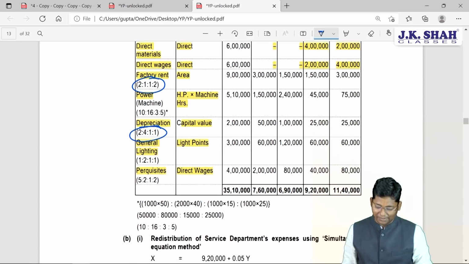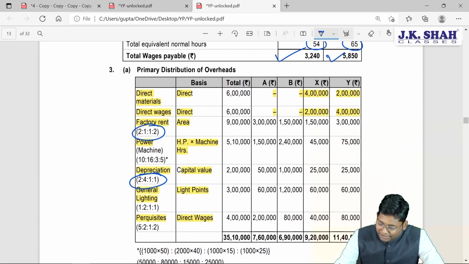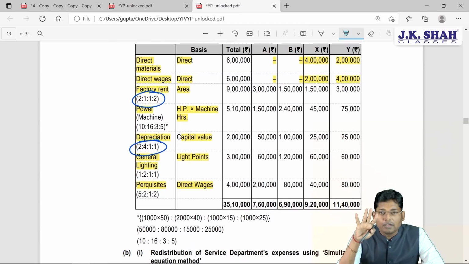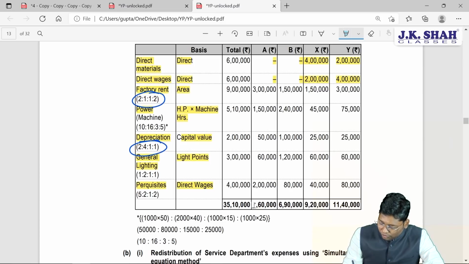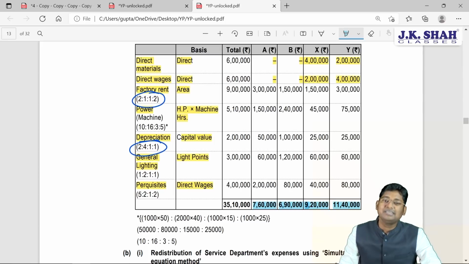So finally primary distribution will get over. It is very simple. But when primary distribution gets over, you will have 4 amounts available with you. First amount related to production department A, second amount related to production department B, but along with them service department overheads are also available with us.